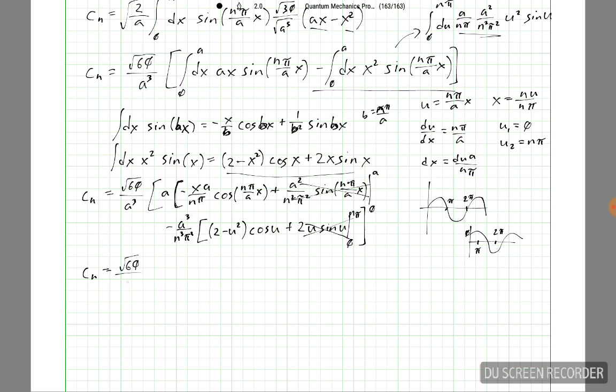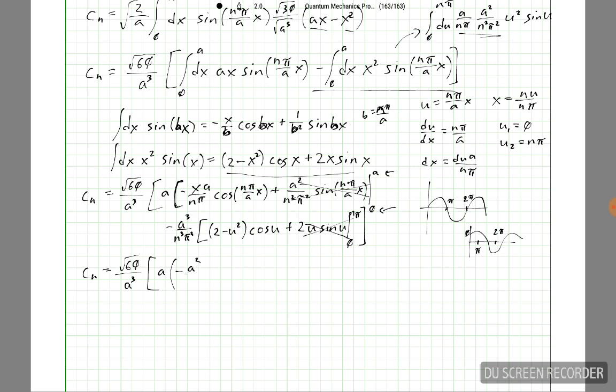I have square root of 60 over a third. Now I have a. I'm going to evaluate this. I have at my final minus my initial. So my final is going to be x equals a.